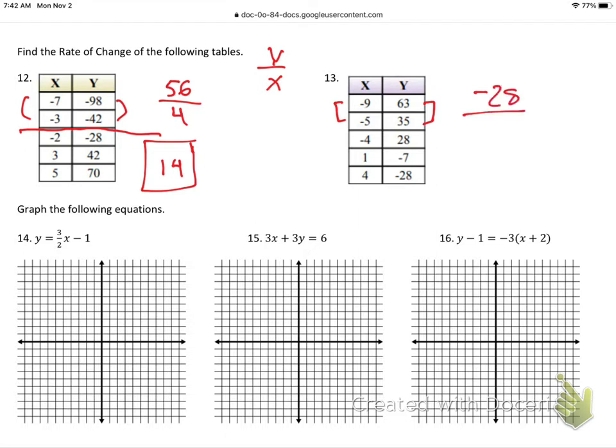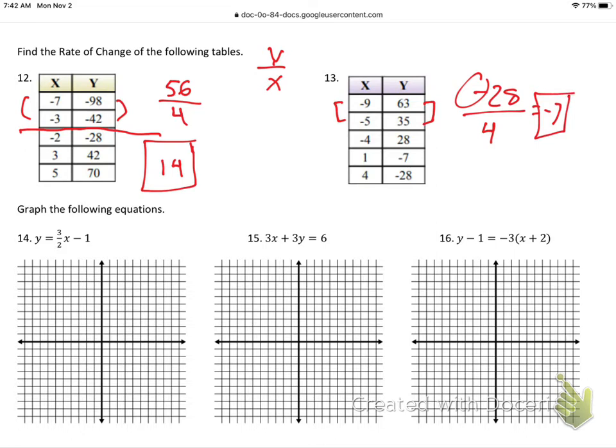So going from 63, if I do 63 minus 28, that's going to give me 35. Then going from 9 to -5, you're going to be adding 4. So a -28 on the y's and a +4 on the x's. I can probably simplify that. 28 divided by 4 is 7, and we have a negative sign, so it's going to be -7.